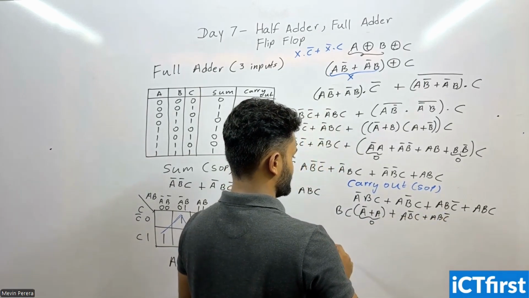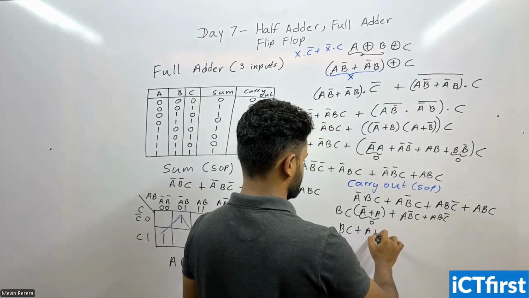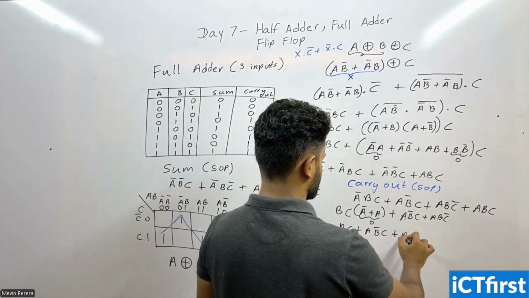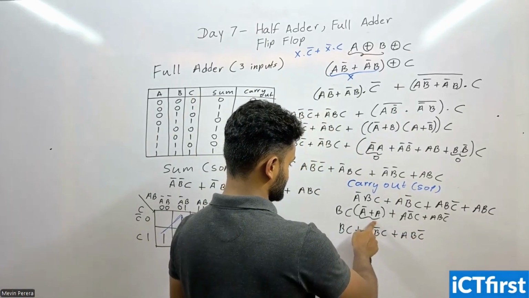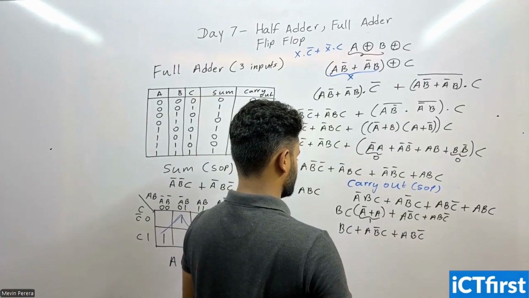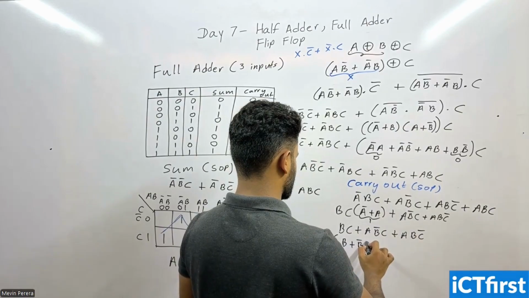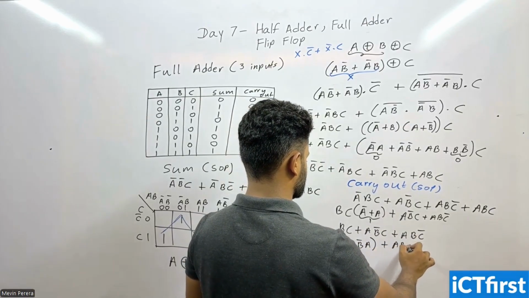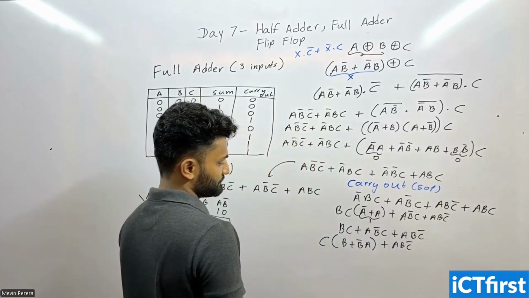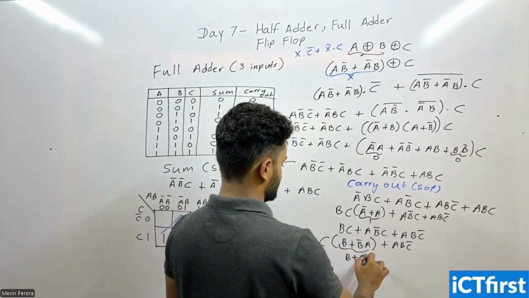Then we got BC plus AB bar C plus ABC bar. Okay, no, this is one, sorry, mistake. Then take C out from here. Then we got B plus B bar A plus ABC bar, right? So this is equal to B plus A, right?